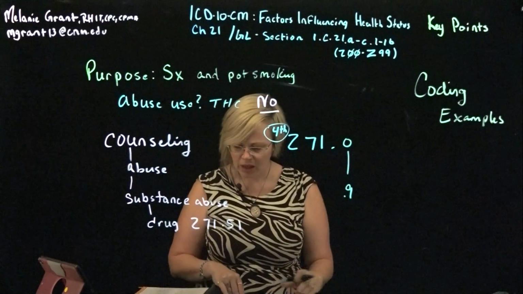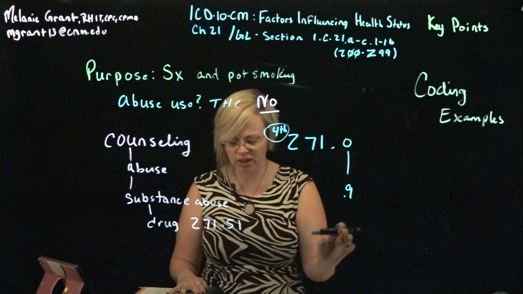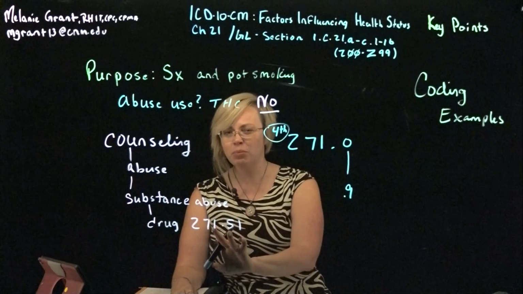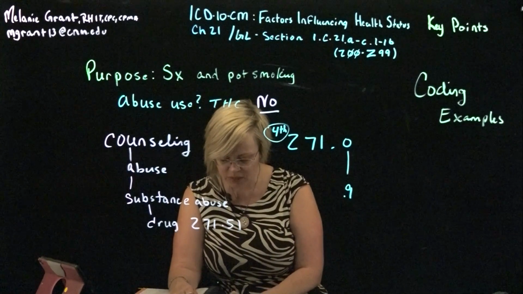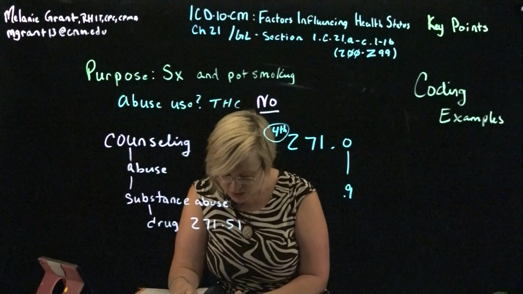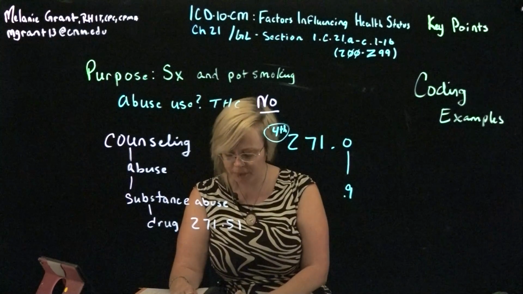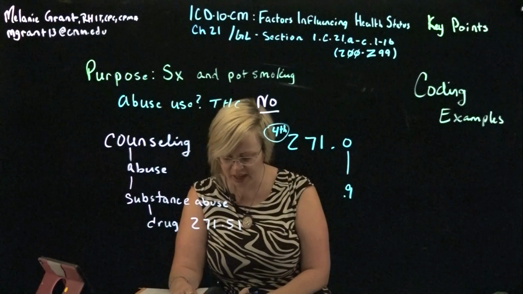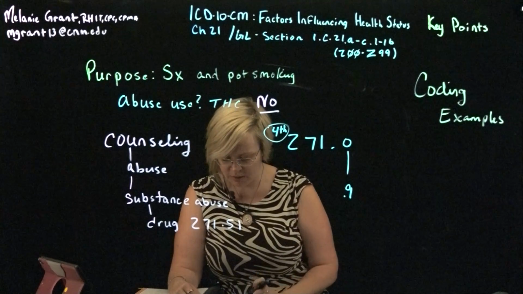Okay, and so again, just like we did earlier, we're going to look at each of these fourth character options to see which one applies best, keeping in mind that probably number 5 is going to be the one we look at. So I'm going to start at 0. Person encountering health services to consult on behalf of another person. This would be an example where a patient has a third party getting a consult for them.